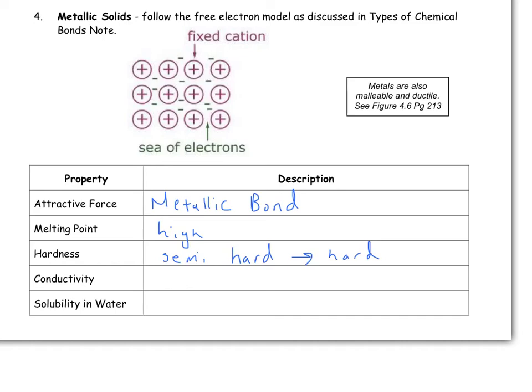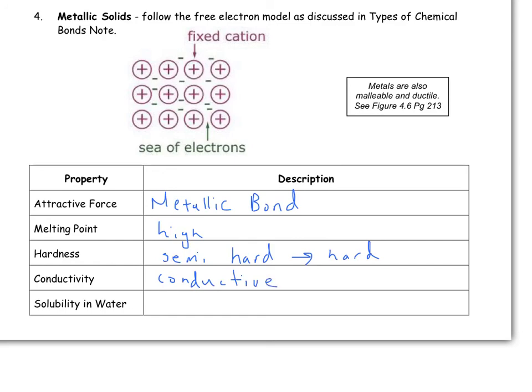Remember, the strength of the bond depends on the size of the cation and also how many free electrons there are in the sea. In terms of conductivity, do I have charges? Yes. Can they move? Yes. Remember, the electrons are delocalized. They can move anywhere they want through the crevices and channels in the crystal. That makes metals conductive when they're solids.